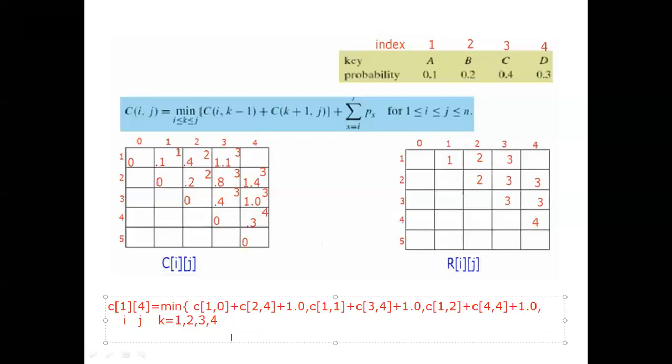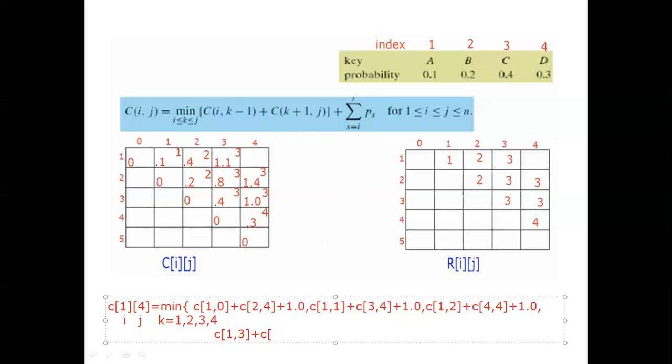K value I am going to do here. C of 1 comma 3. Why 1 comma 3? I value is 1. What is 3? Because the current K value is 4. That is why K minus 1 it is 3, plus C of K plus 1. What is K plus 1?